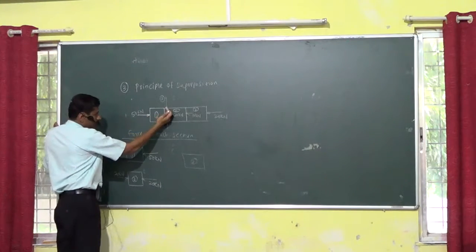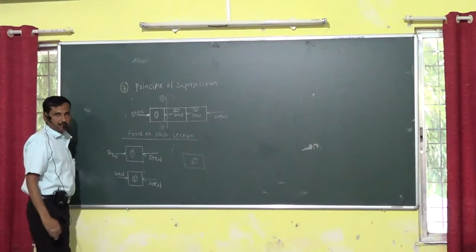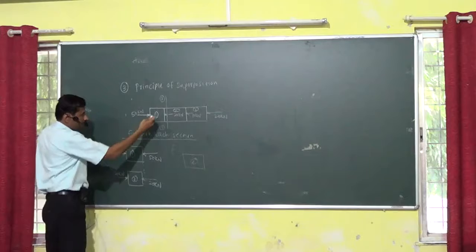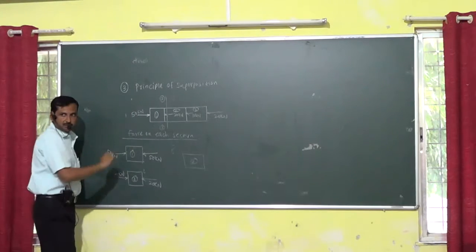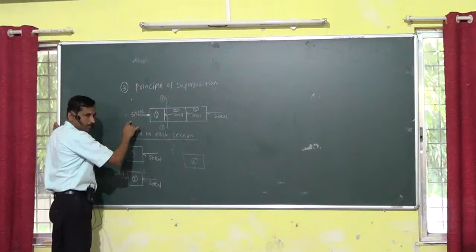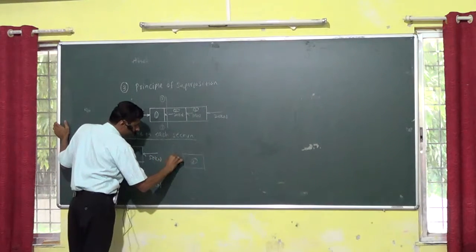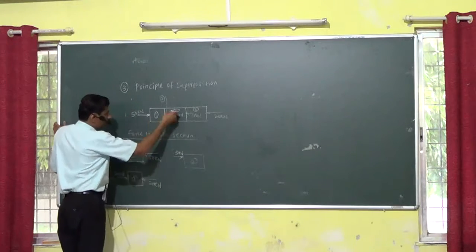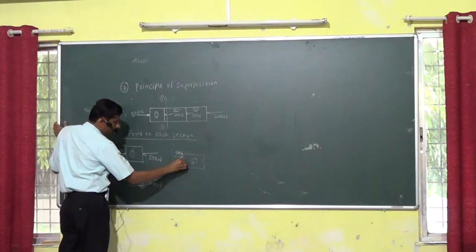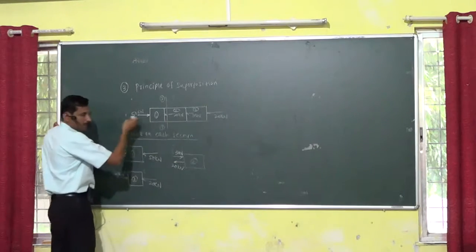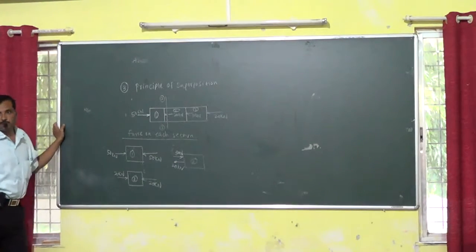Then, to the left side of this line, we consider the summation of forces. What is the summation of force on the left side of line 2-2? 50 kilonewton is moving toward the right, and 20 kilonewton is moving toward the left.